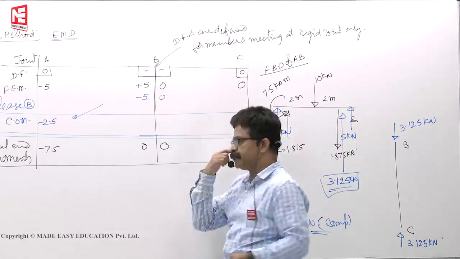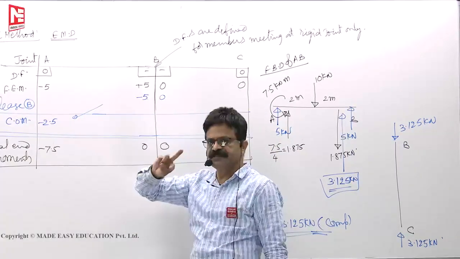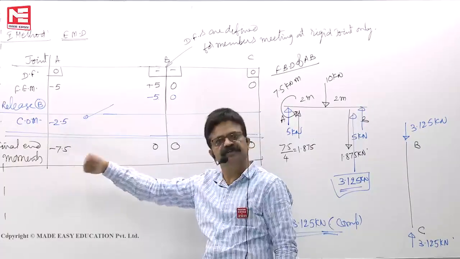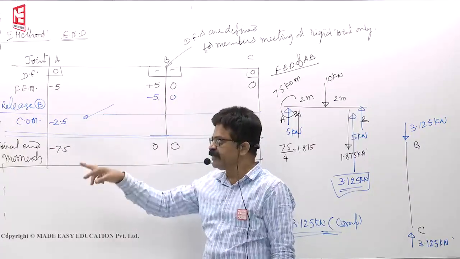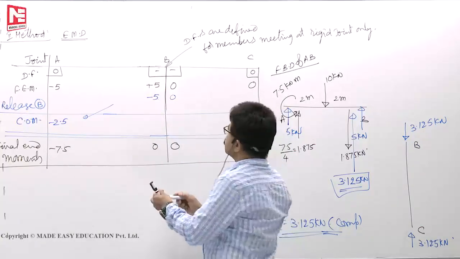In such cases where an internal hinge is there, you have two options. If you know the deflection profile, if you know that 5W by 16 formula, you manage it. If that idea doesn't come, then use MDM. Release the moments individually.